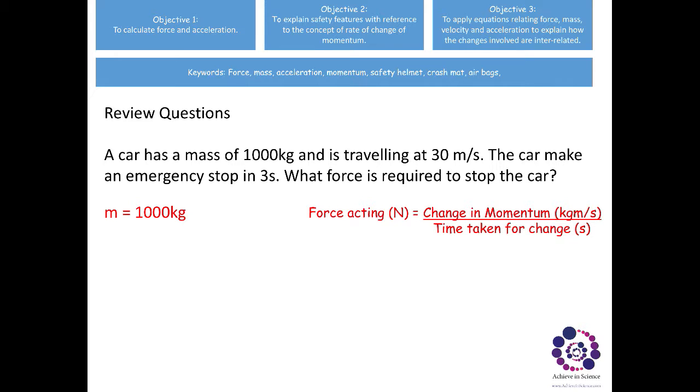It comes to a standstill, so its change is 30 meters per second. It takes 3 seconds. Therefore, change in momentum is 1,000 times 30. Time is 3 seconds, so we divide the change in momentum by time, and we get the answer of 10,000 newtons, which can be written as 10 kN, 10 kilonewtons.